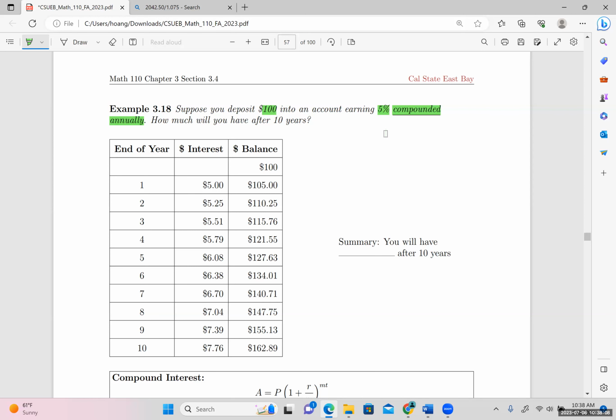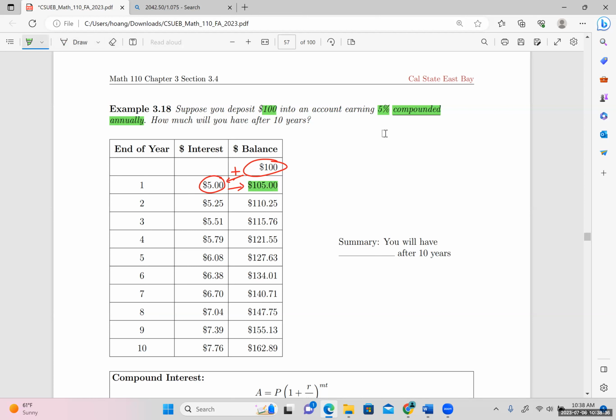This is the starting amount. You will have 5% interest, and adding it, you get $105.